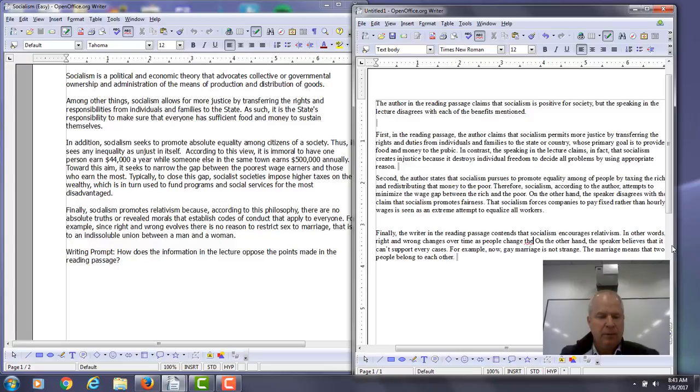Maybe you might want to say their values and morals. So we put a voice marker in there. So we have, in other words, right and wrong changes over time, the author believes, as people change their values and morals.